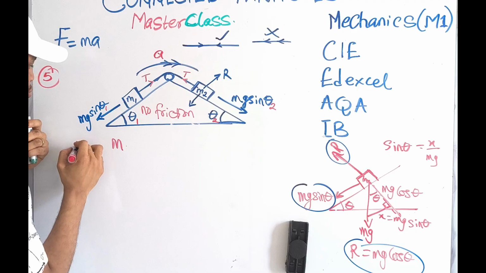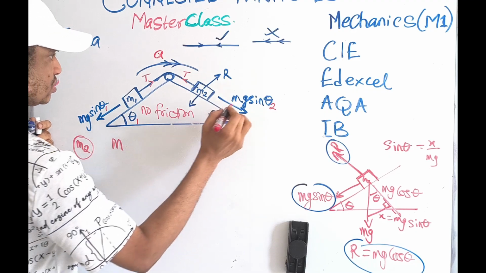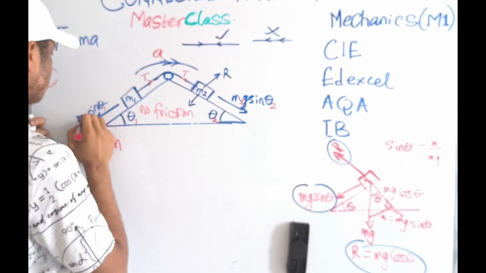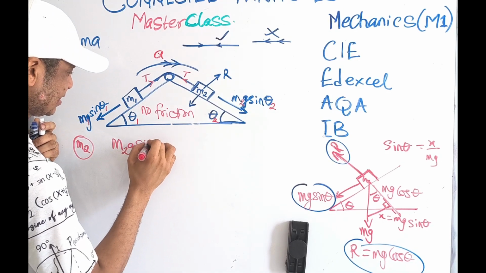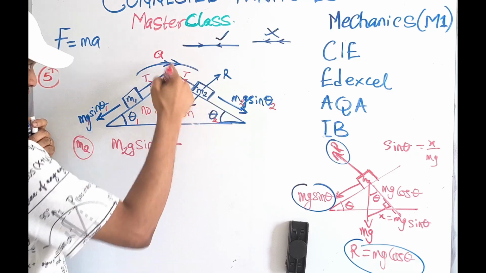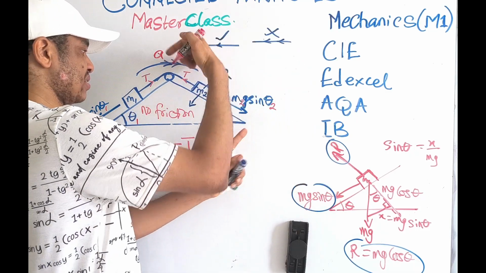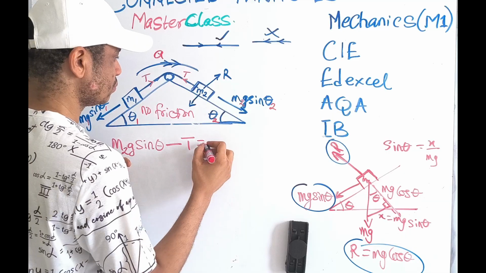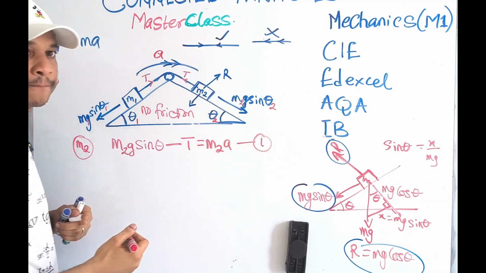So for M2, this is M2, this is M1. M2 g sine theta minus T, remember the particle is going like this. So this minus this is equal to M2A, my first equation.